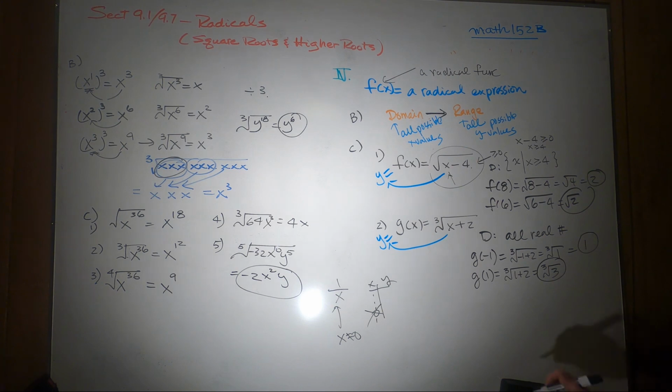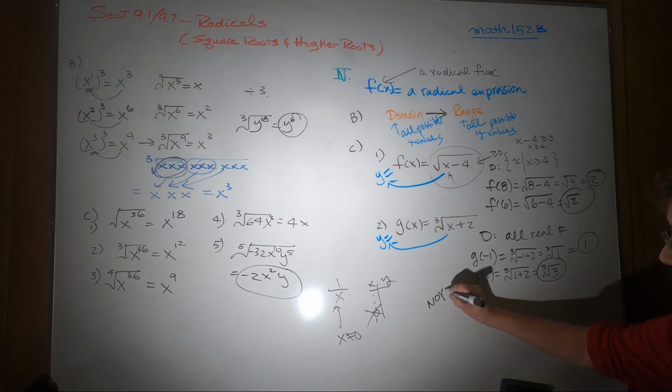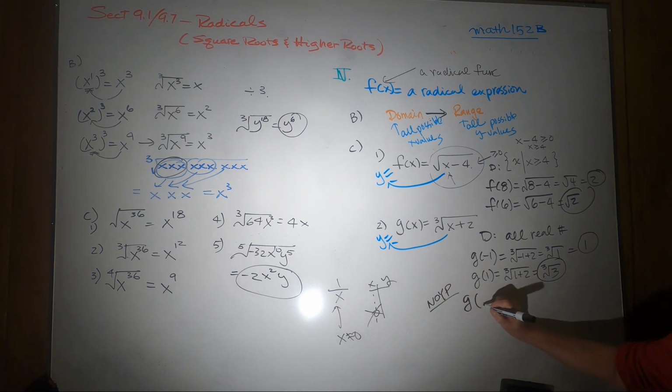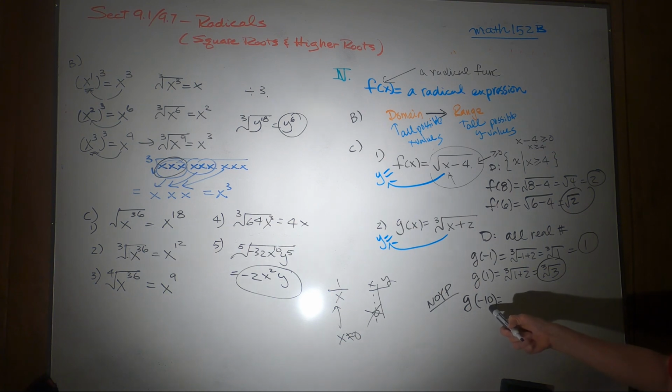Then, say this one is not on your paper. If I have g of -10, what do you do? Just plug in -10. You go from -10, where do you get to? You get to y.